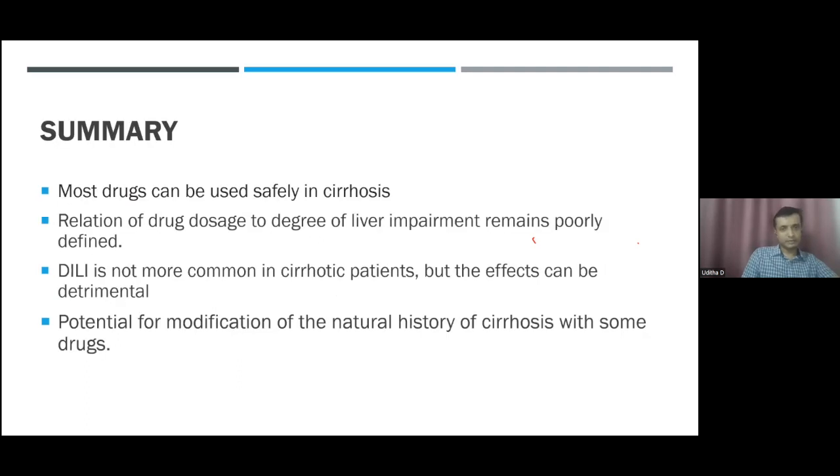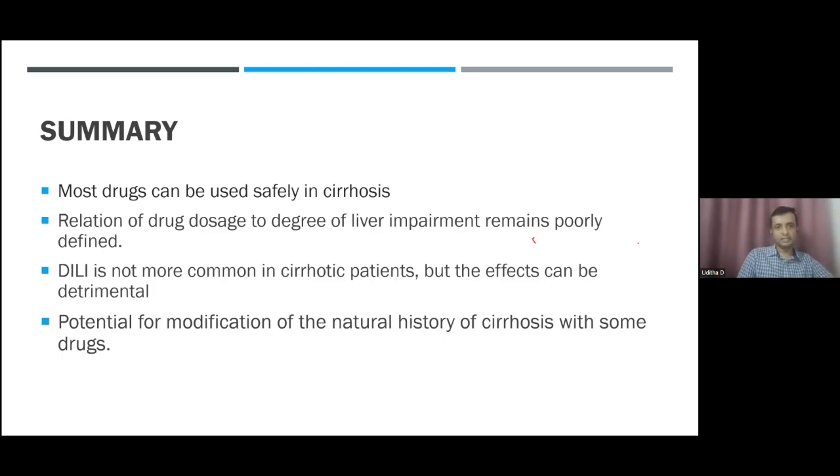It's very difficult to cover all the drugs and all the categories and all the cautions we need to exercise. But the bottom line is most drugs can be used safely in cirrhosis, but you need to be very selective in which patients with cirrhosis you use them on.